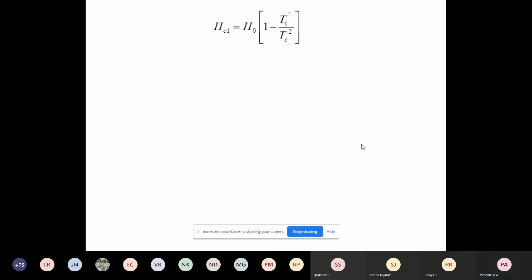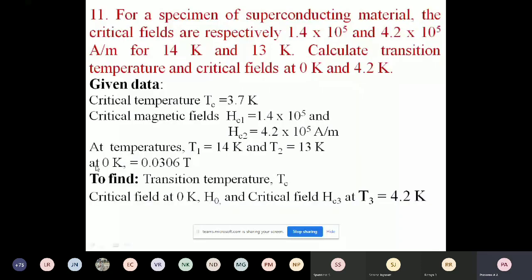So this is not given in this problem. It is inserted wrongly. Okay, you forget this particular value. It is not given in the problem. We are actually estimating, right, using the values of critical magnetic fields at two different temperatures. We are calculating H0, that is at 0 degree Kelvin. We are estimating. It is not given.